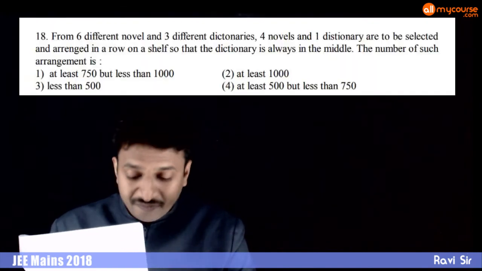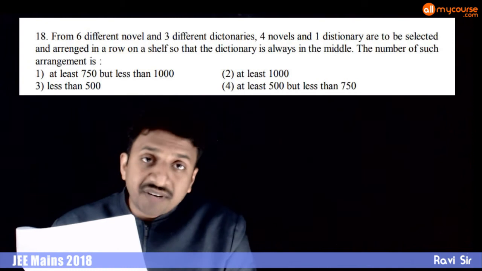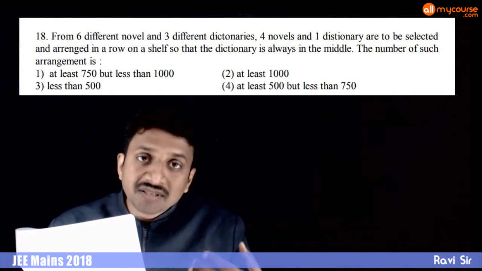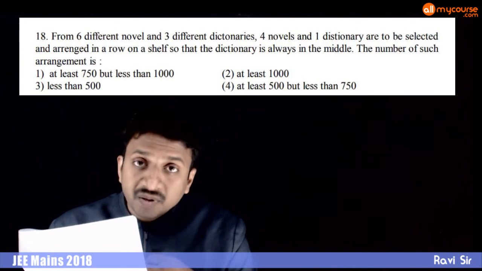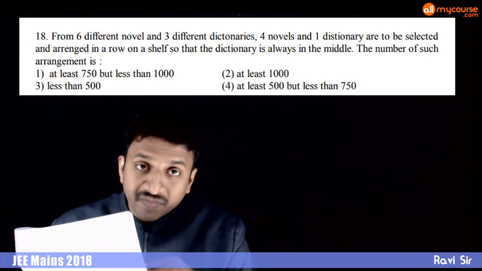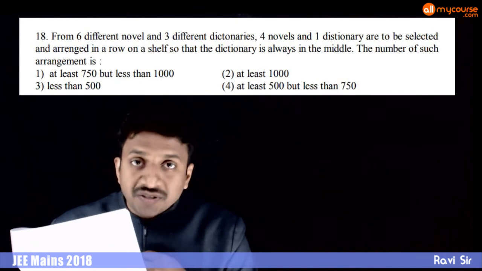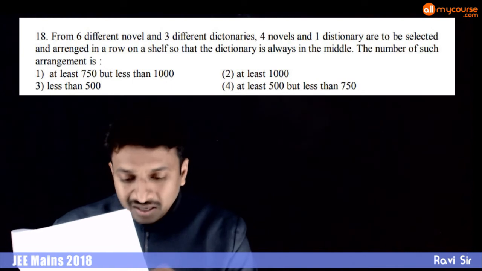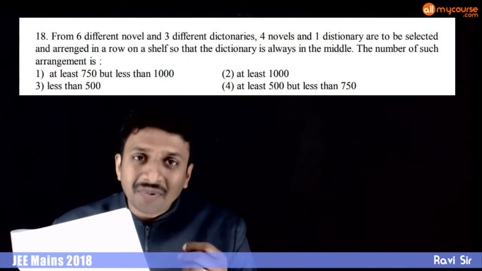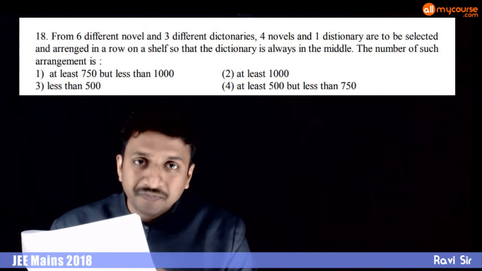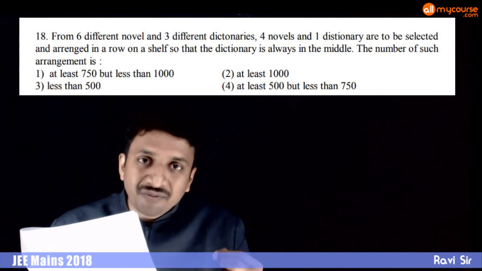Question number 18. From 6 different novels and 3 different dictionaries, 4 novels and 1 dictionary are chosen and arranged in a row such that the dictionary always comes in the middle. Find the number of such arrangements. We use the basic calculations of P and C. The number will be 6C4 into 3C1 into 4 factorial.